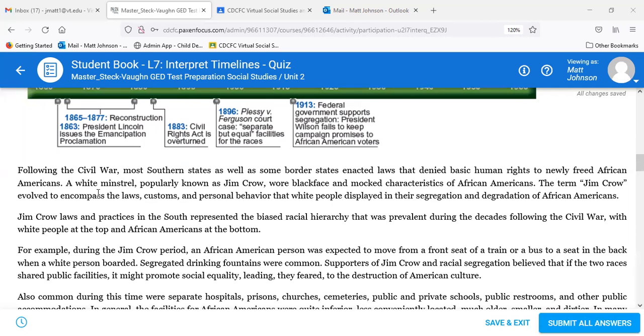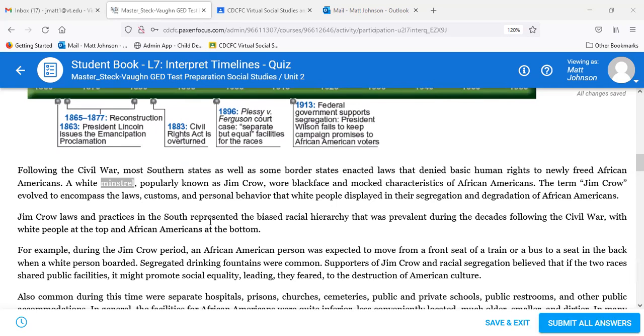A white minister, popularly known as Jim Crow, wore blackface and imitated African Americans.